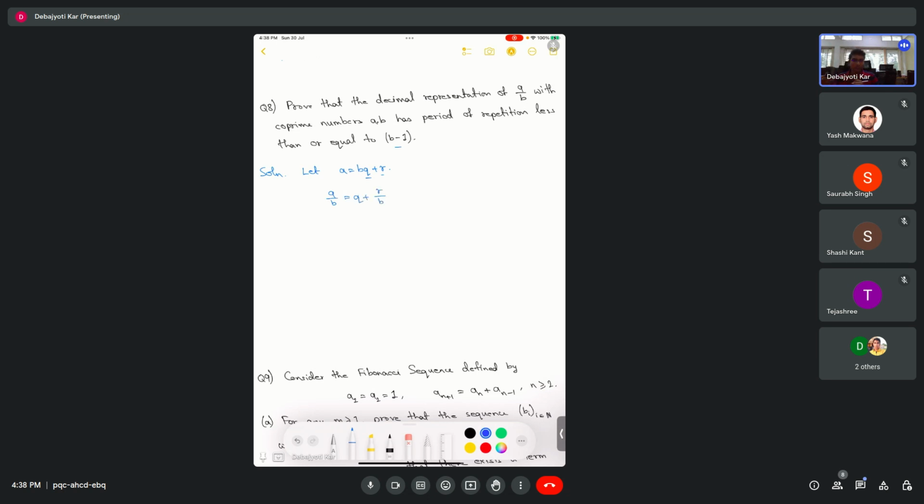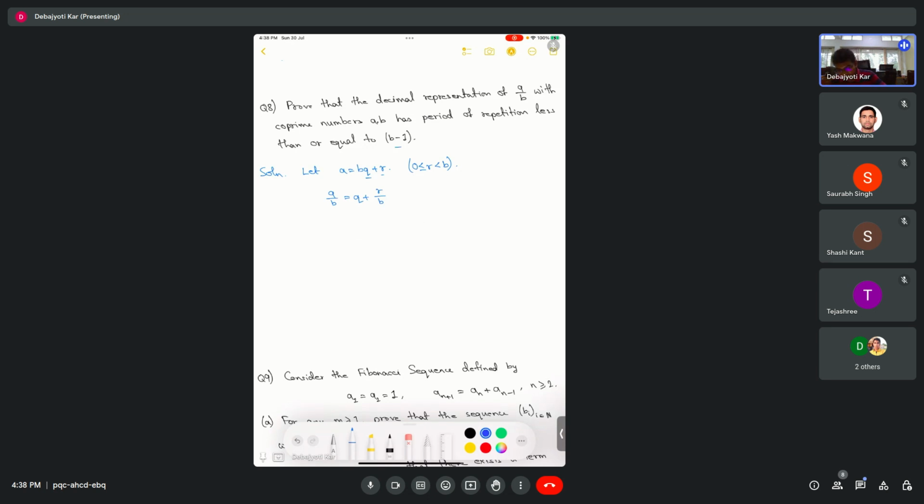It is equal to Q plus R by B, and there is a unique quotient and remainder when A is divided by B, and the remainder has to be less than B. So A by B is just Q plus R by B.